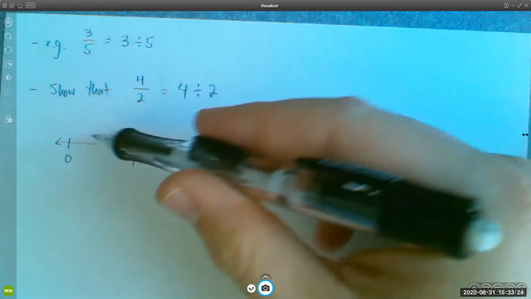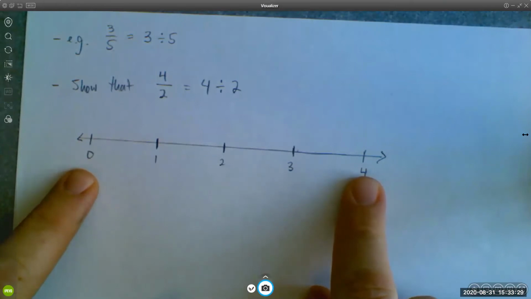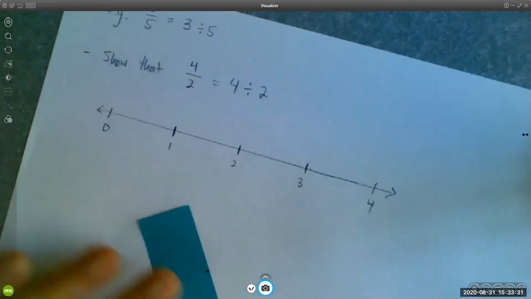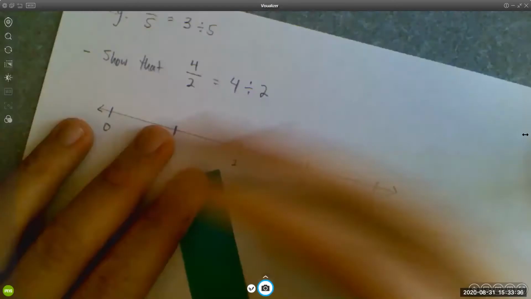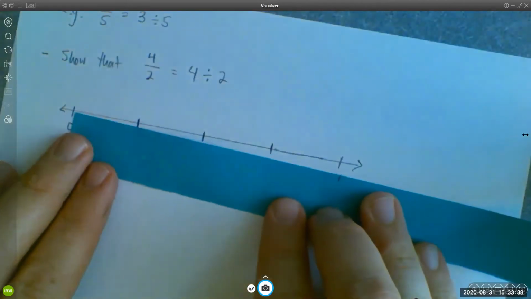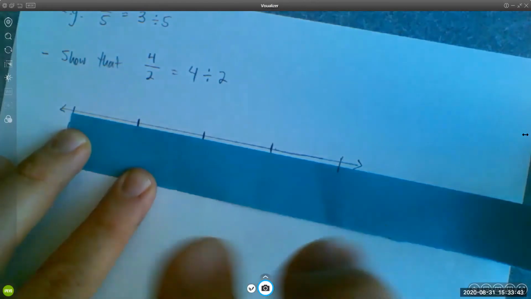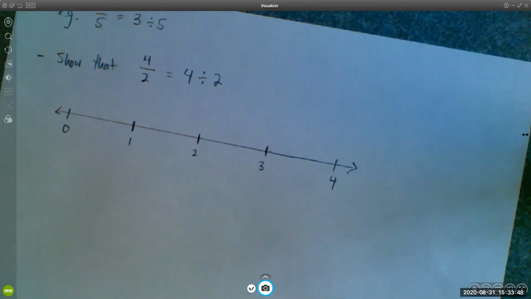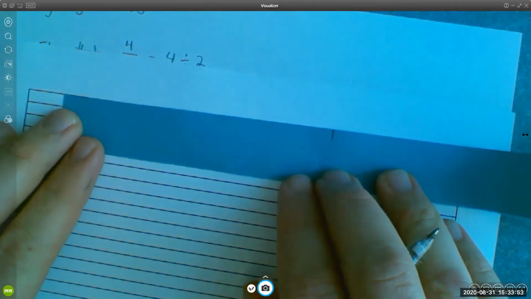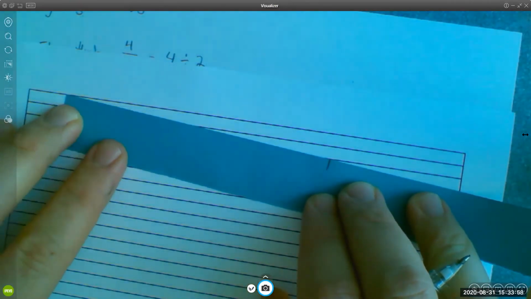Now I want to divide that length into 2 parts. So you're going to take the same ruler, right? I want to split the entire length from 0 to 4 into 2 equal parts. So I mark this edge, mark that edge, and then I use my fraction ruler again to go down 1, 2 spaces.